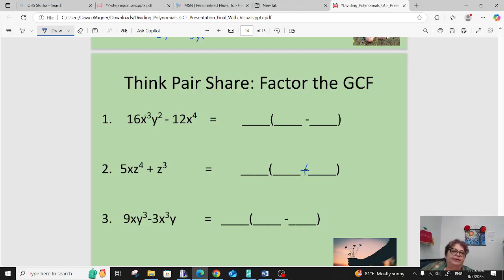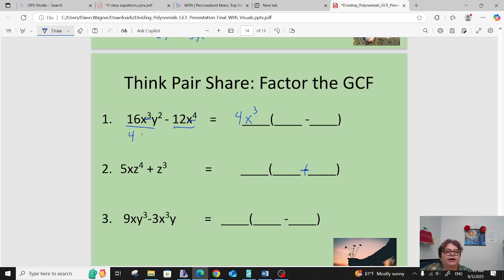Okay, for this one, when I'm dividing, 16 and 12 should have had a 4 as the greatest common factor. And then if I look at the x's, the smallest exponent would be x to the 3. Am I going to have a y? No, because this second term did not have a y.